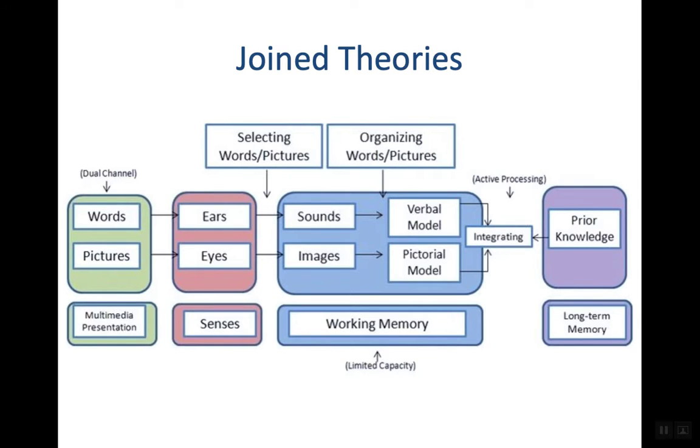So looking at the theory in more detail, you see here that one of the core assumptions of the cognitive load theory is that there is sensory information, and that sensory information comes through two separate channels, one for processing auditory information and one for visual information.